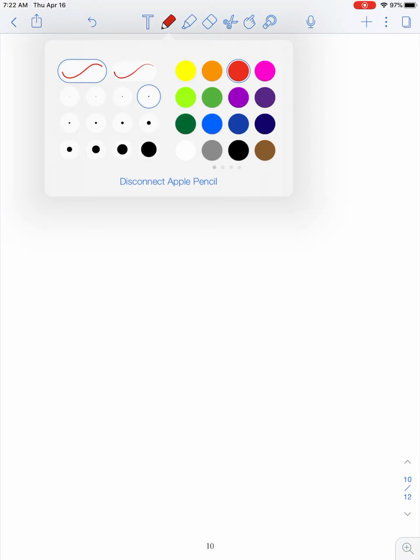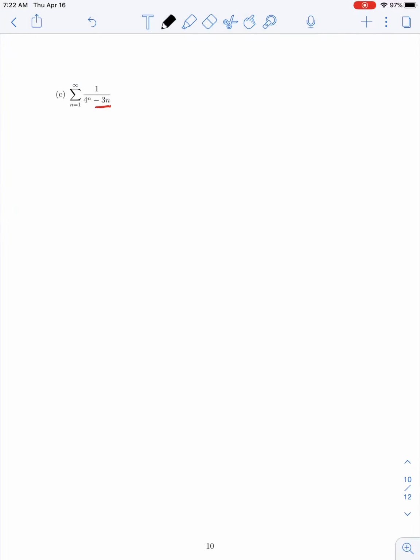If I'm subtracting something from the denominator, I would have a larger series than if it weren't there. So I could think about a direct comparison with 1 over 4 to the n, which is a geometric series. I could rewrite this as 1/4 quantity to the n.